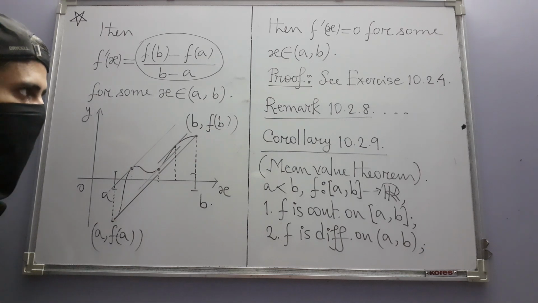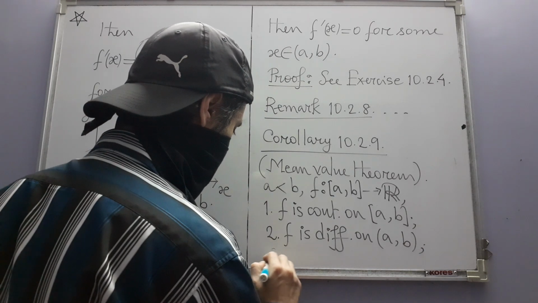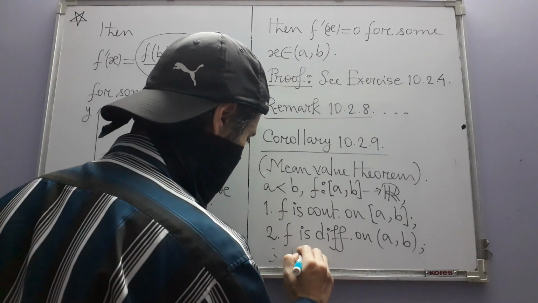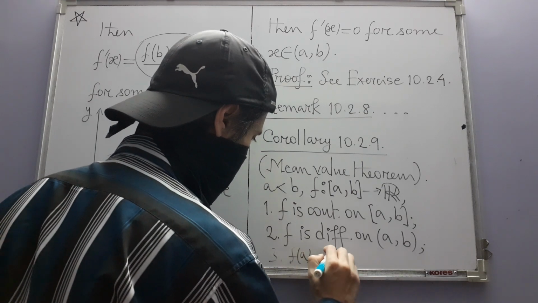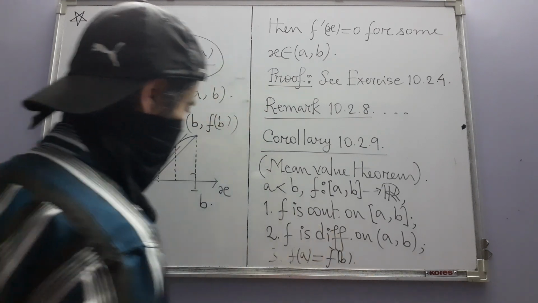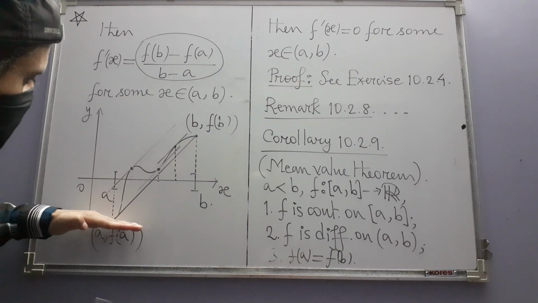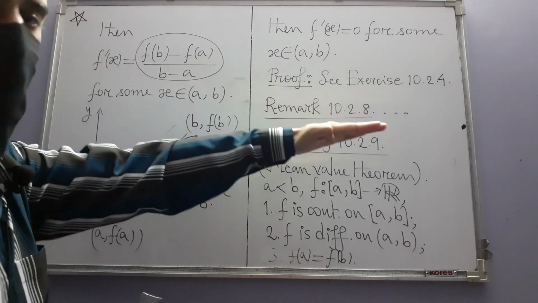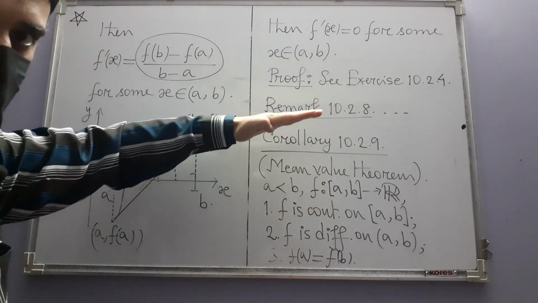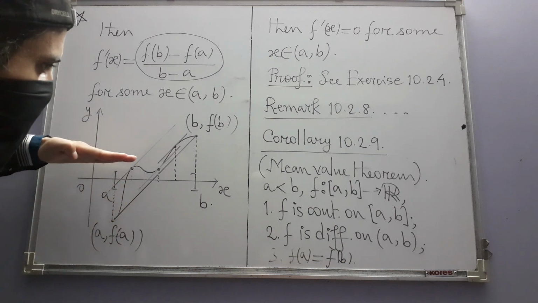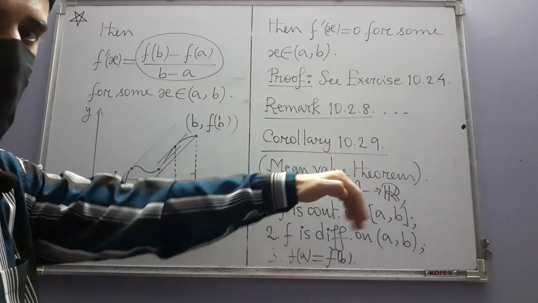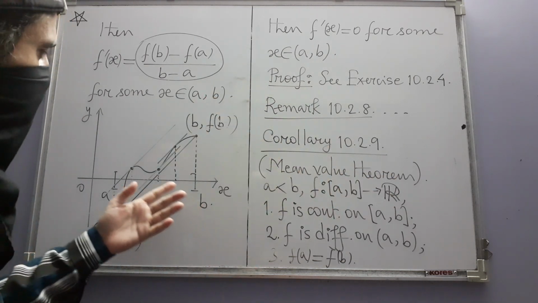Now, what happens if one also includes this condition, that f of a is equal to f of b? In that case, these 2 points will be at the same level, wherever that level is, so that the secant line is horizontal, so its slope is 0.